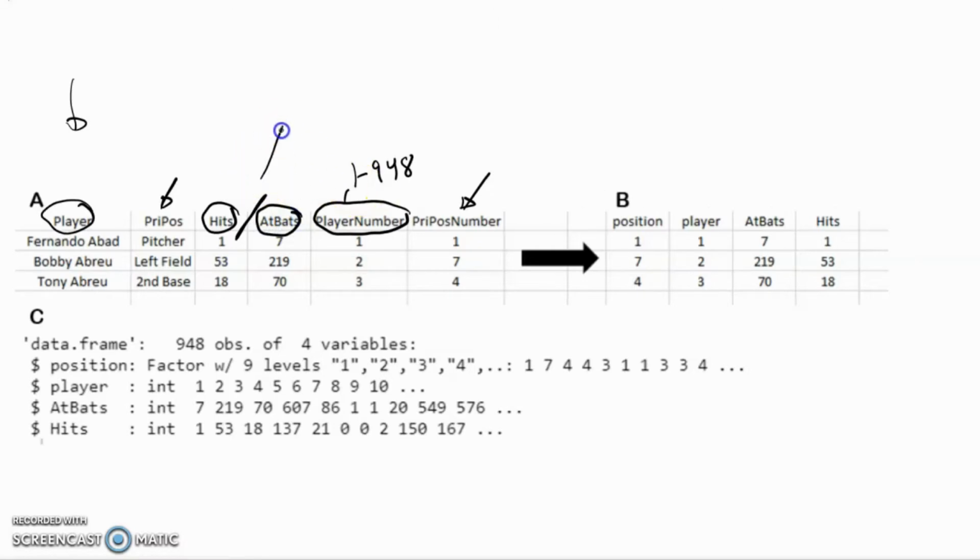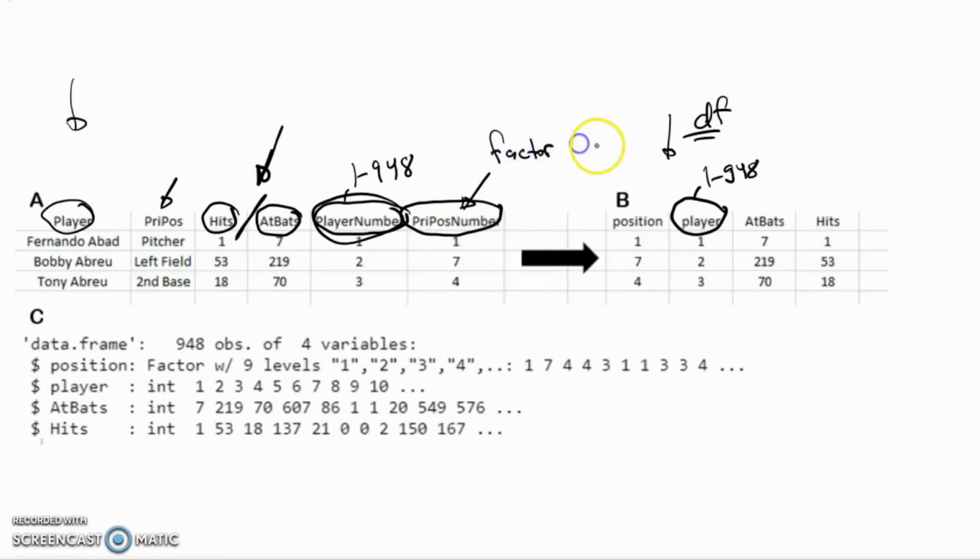So we start off with this Excel spreadsheet, and we make a data frame called DF that's a little bit simplified. Instead of having this thing called player number, which is a really weird word, we're going to have player, which is going to go from 1 to 948. This prior position number, which I think initially was stored as a character, we're going to make into a factor, and we're going to call it position.